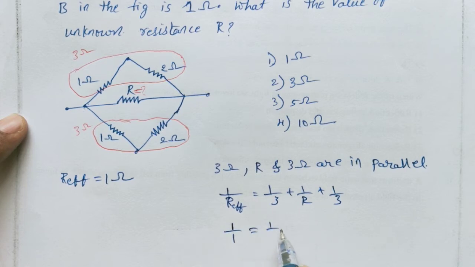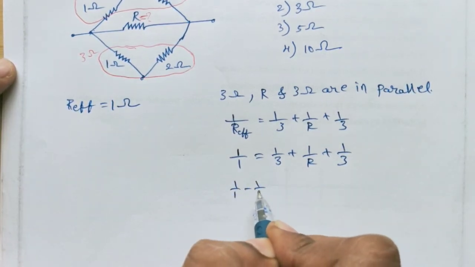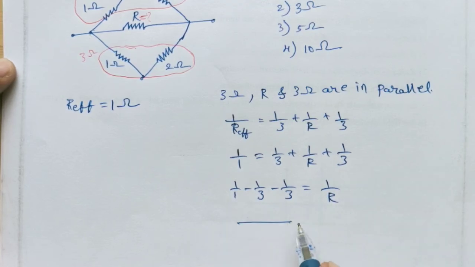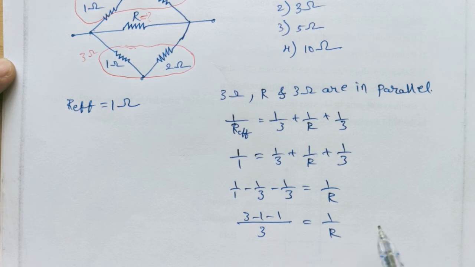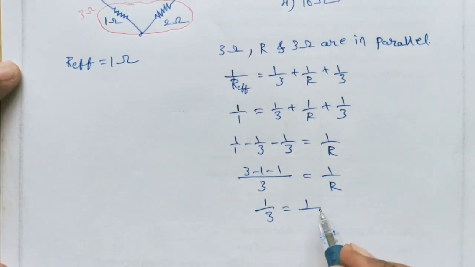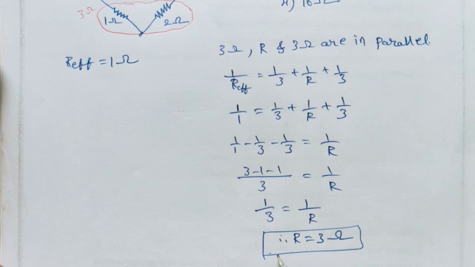So 1 by 1 is equal to 1 by 3 plus 1 by R plus 1 by 3. So now I am writing here 1 by 1 minus 1 by 3 minus 1 by 3 is equal to 1 by R. So here 3 is LCM. 3 minus 2 is 1, so 1 by 3 is equal to 1 by R, we will get it. Therefore R value is equal to 3 ohms.